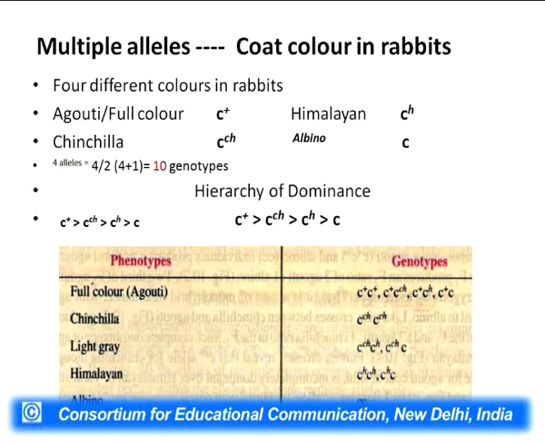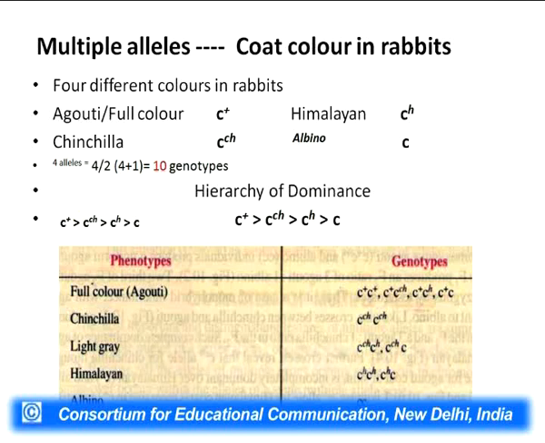A very classical example other than the blood groups is seen in the coat color in rabbits. There are so many different types of wild hair which are there, and for example, 4 different colors are seen in rabbits, and that means there are 4 alleles. Now, in blood groups we have 3, but in the rabbits we have 4.